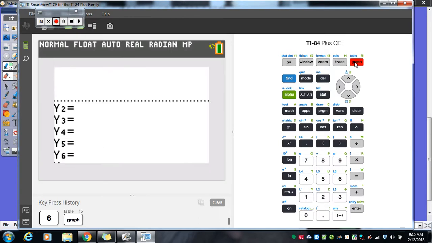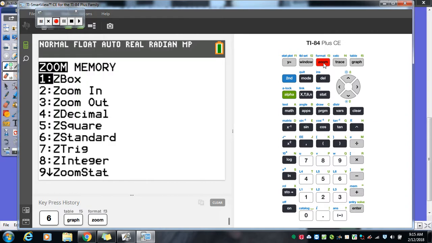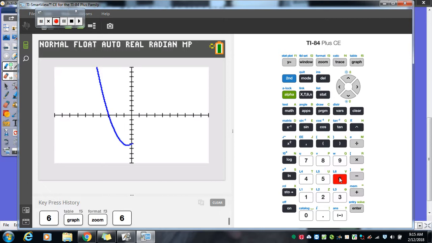So once you have that typed in, push the graph button so we can look at the picture. My window's a little messed up. Is anybody else's window messed up a little bit? If it is, push the zoom button, which is in the middle up on the top, and then the number 6, and that'll fix it for you. So if your window doesn't look like this one does now, zoom, and then the number 6 will fix it.